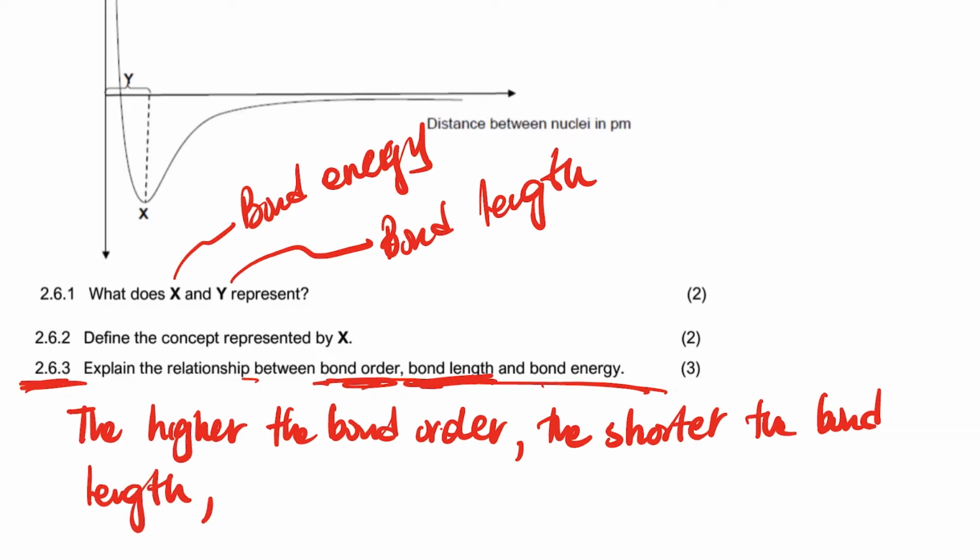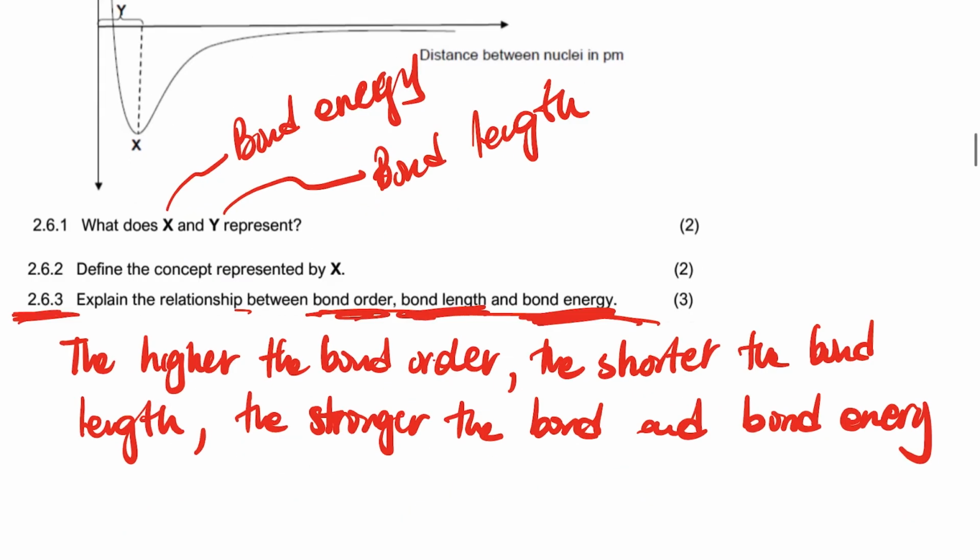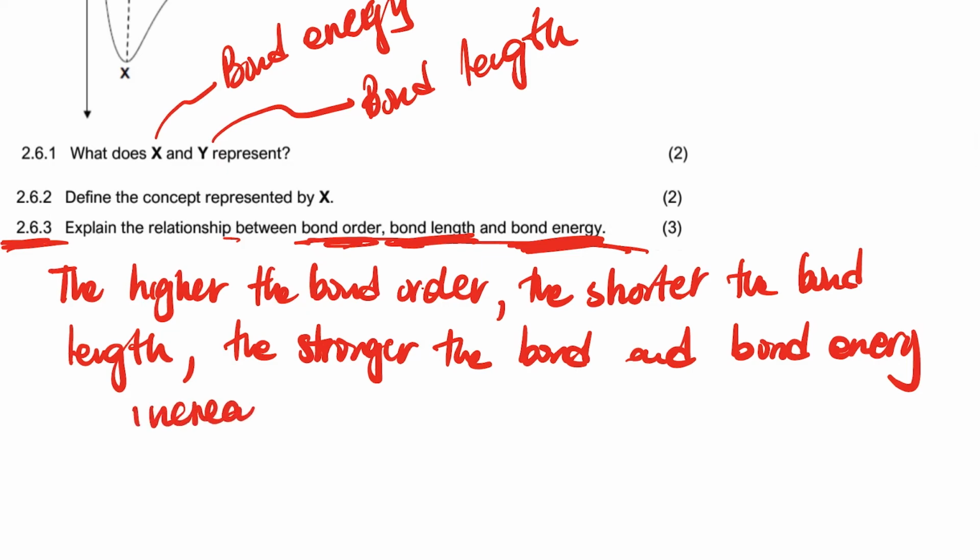The shorter the bond length, the stronger the bond, and the bond energy increases. So if something has a higher bond order, the bond length is going to be shorter, the strength is going to be stronger, and the energy needed is going to increase, so it's going to be higher, right?